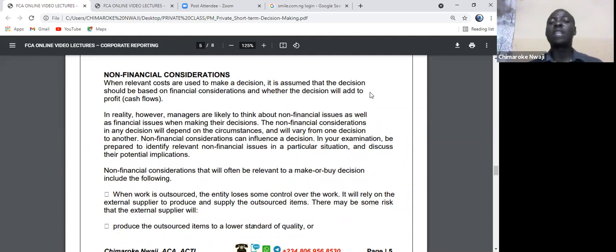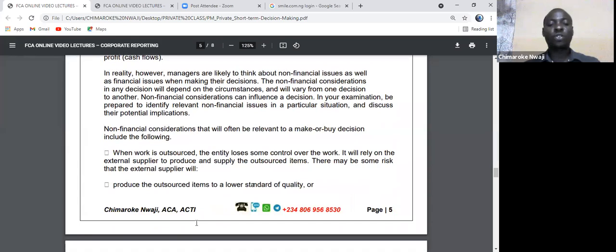their potential implication. Now, some of the non-financial considerations that would be considered in a make or buy decision include the following. When work is outsourced, the entity will lose some control over that work that has been outsourced.